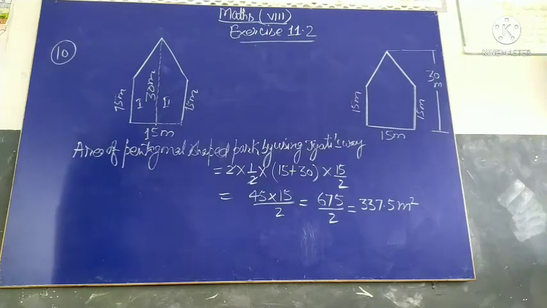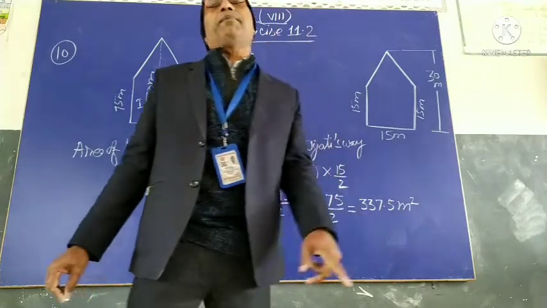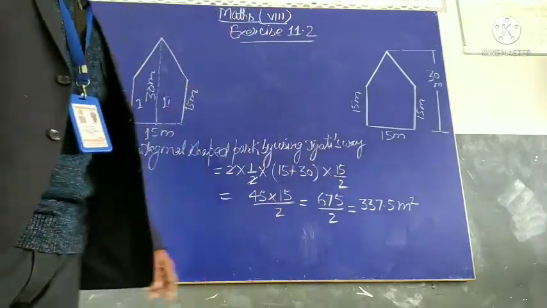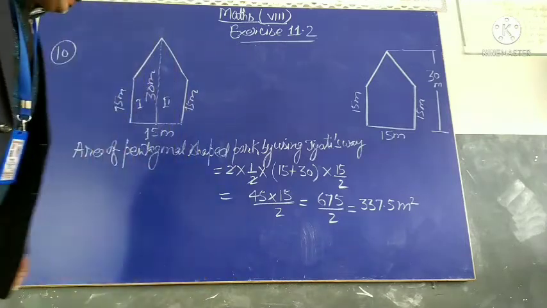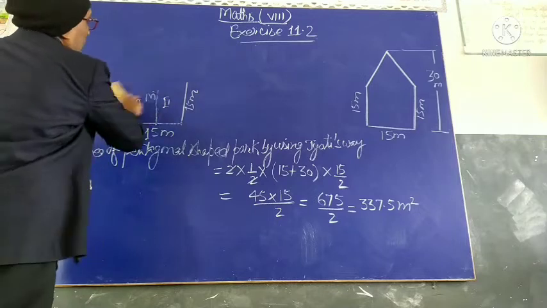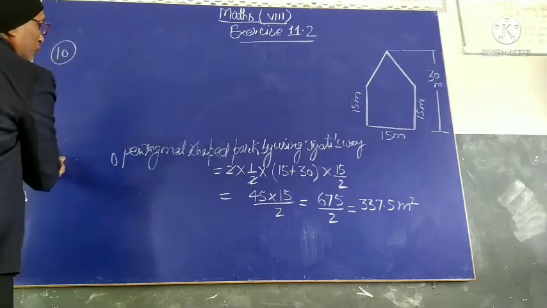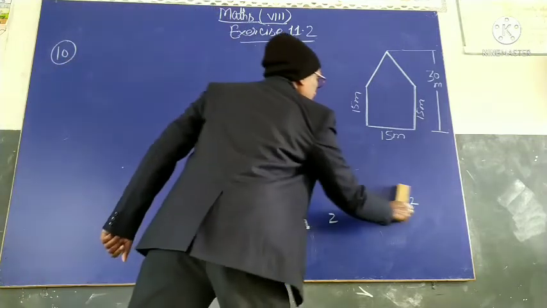Means the area of this pentagonal shaped park is 337.5 meter square by using the method of Jyoti. Then I use Kavita's way to find the area of the pentagonal shaped park.